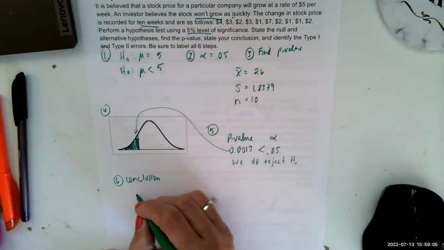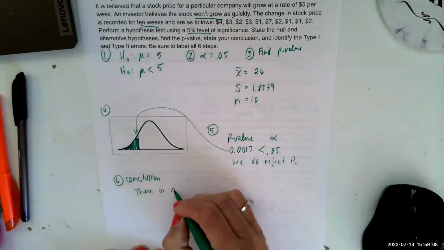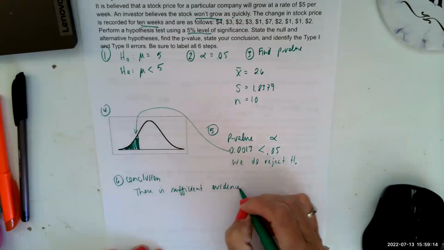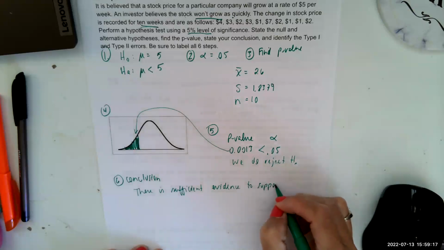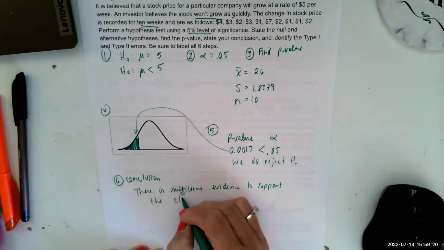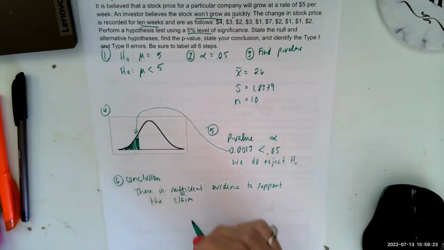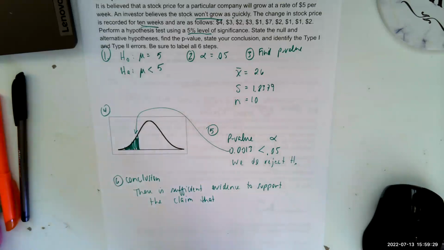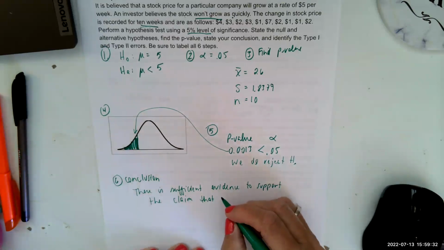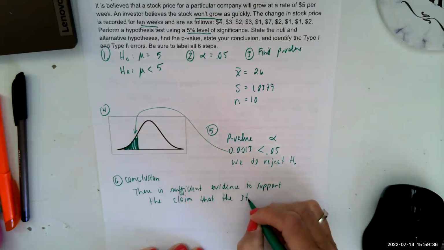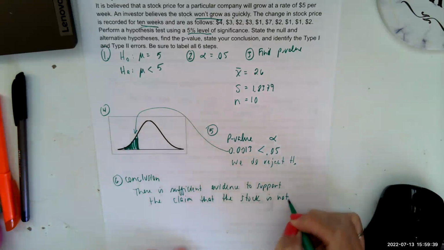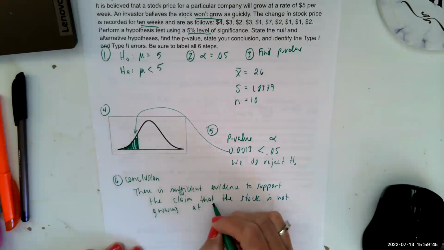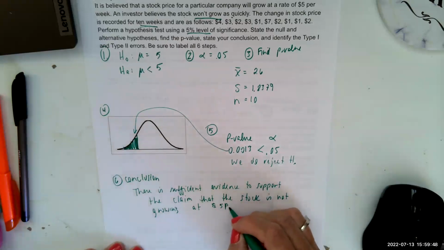So in conclusion, there is sufficient evidence to support the claim that the stock is not growing at $5 per week.